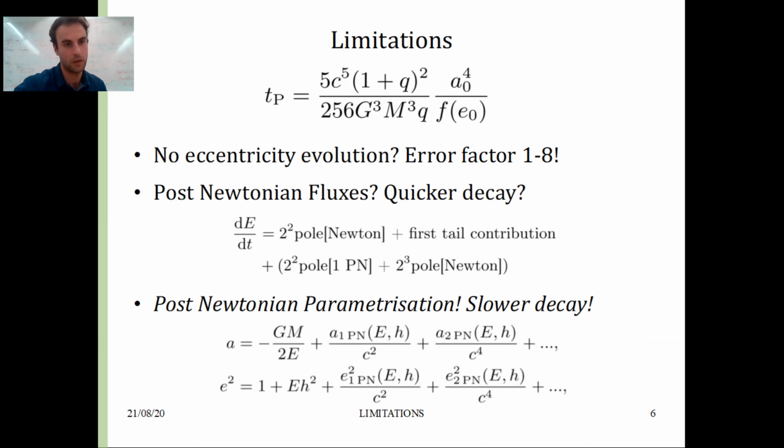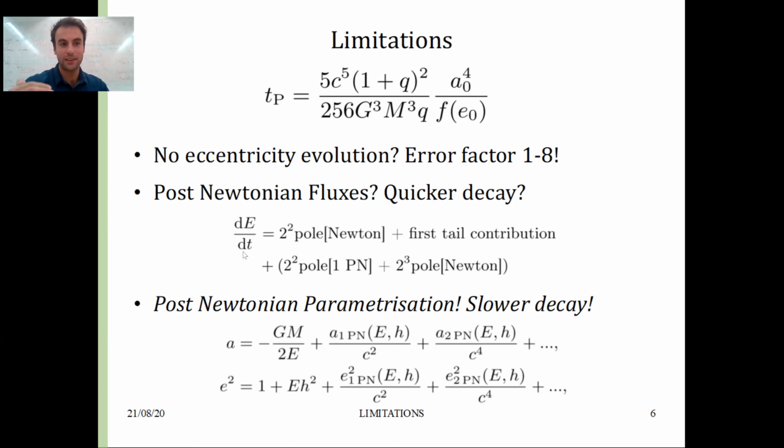at some point. So how does one go about improving this Peter's timescale that we have seen is still very useful? Well, you have to fix this eccentricity problem, and also you have to include higher orders of the post-Newtonian theory. And how do you do that?